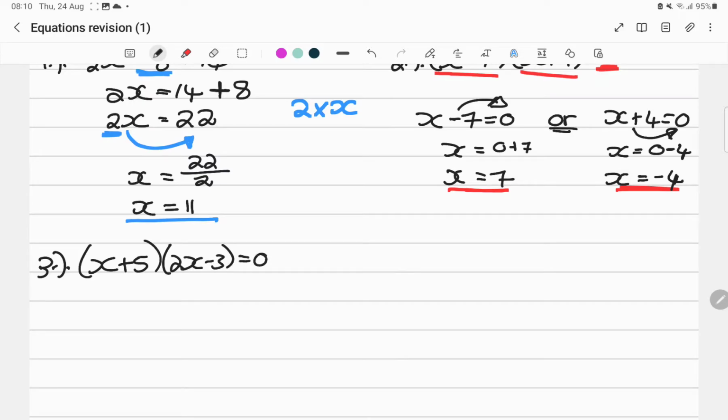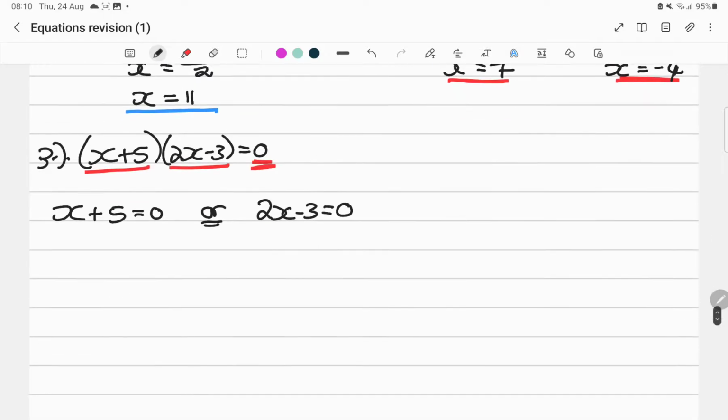So you're going to take your first bracket, put it equal to 0. And then you're going to take your second bracket and put it equal to 0. So I'm going to have x plus 5 equal to 0, or I'm going to have 2x minus 3 equals 0. So what are you going to do now? You're going to take over this plus 5, and once I do that, we know it becomes negative 5, and 0 minus 5 is minus 5.